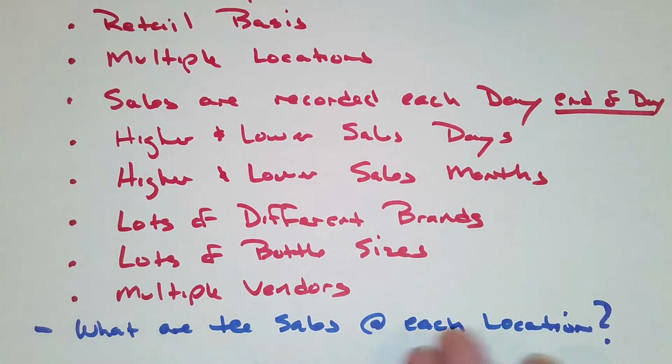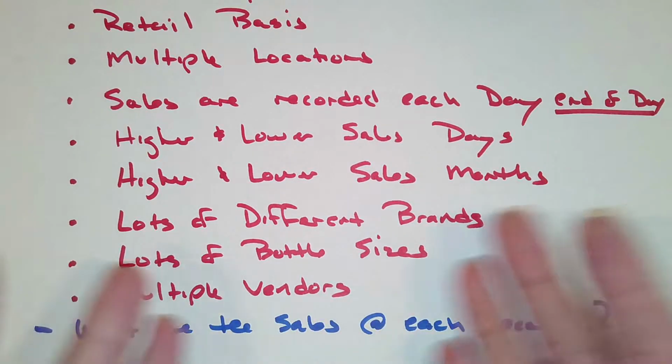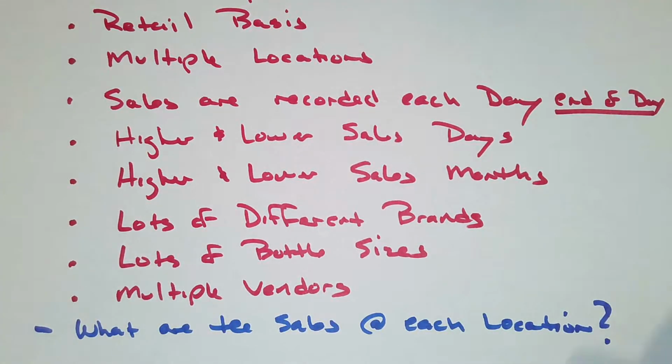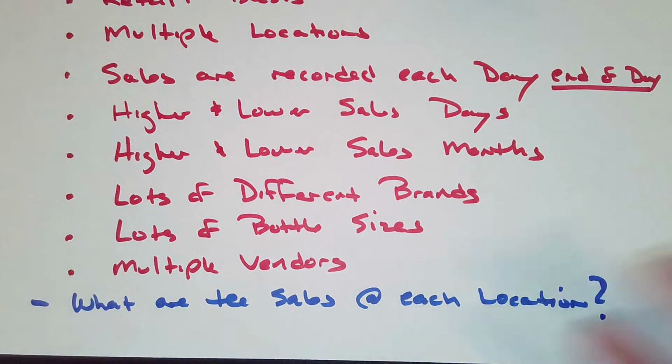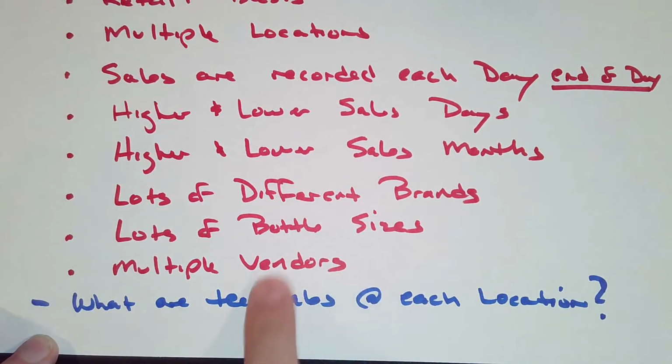It's not very specific, so we might allow it to be a few things in this case. It could be number of transactions, dollars of sales, number of bottles that I sell. It could be a variety of different things.